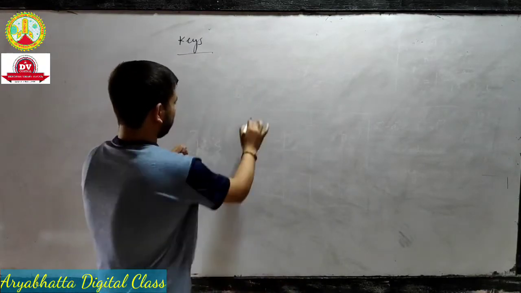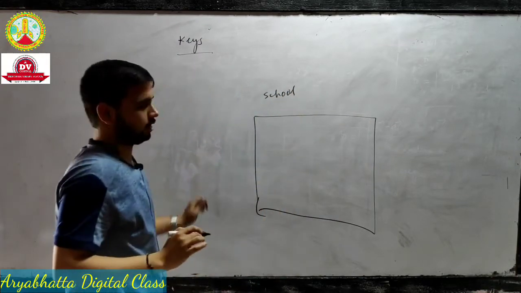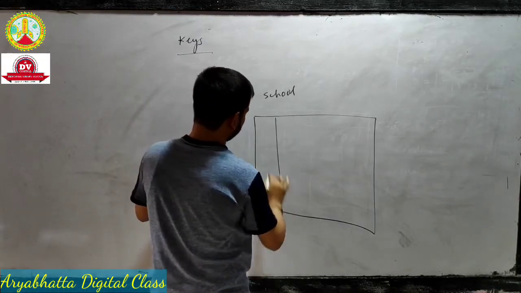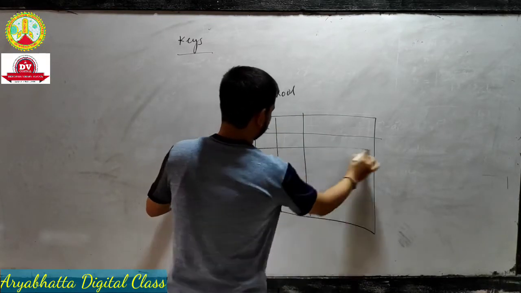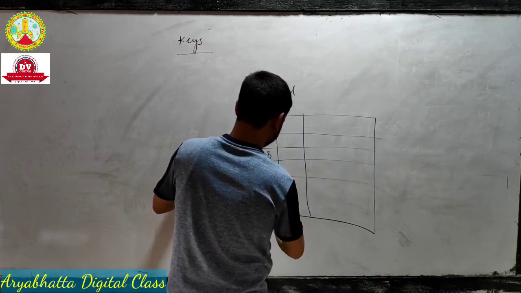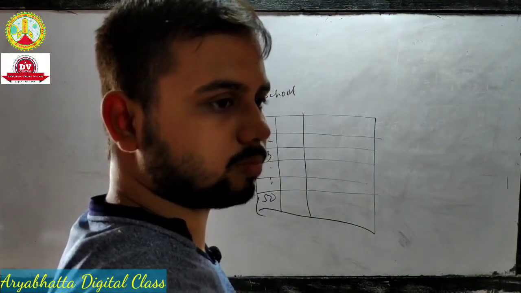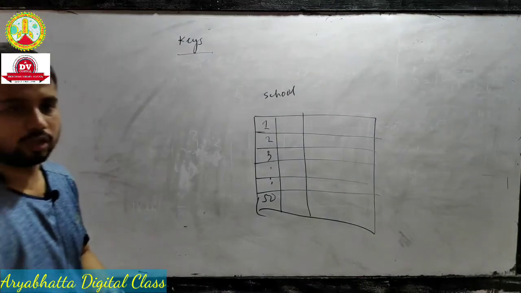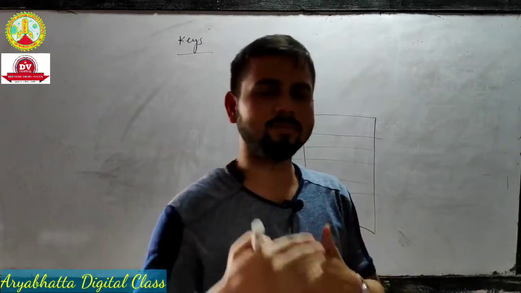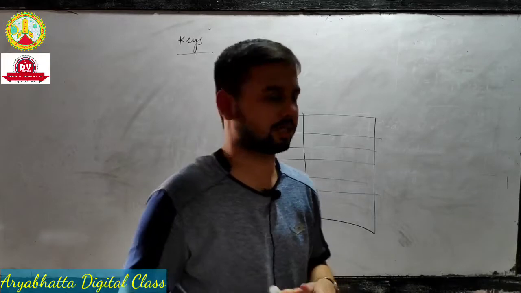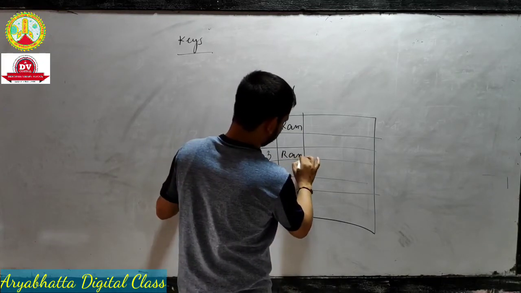Suppose we create a table for a school with 50 students. Suppose two students have the same name: the first roll number is Ram, and the third roll number is also Ram.